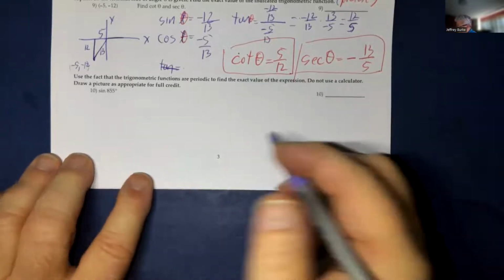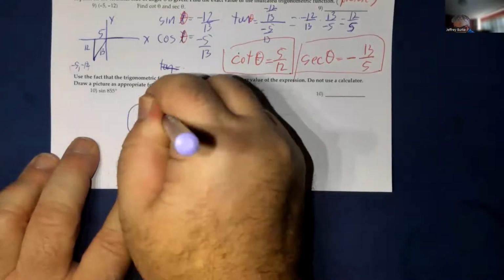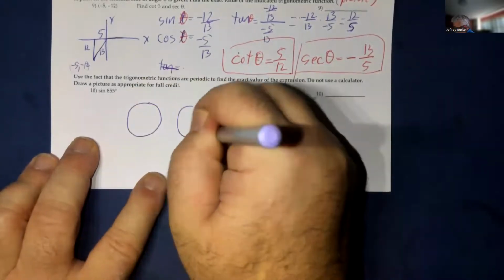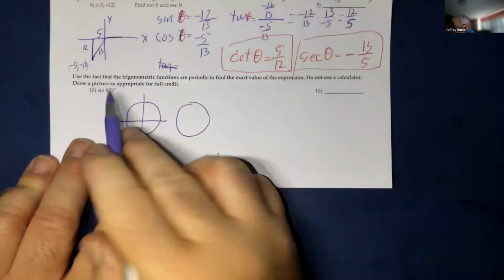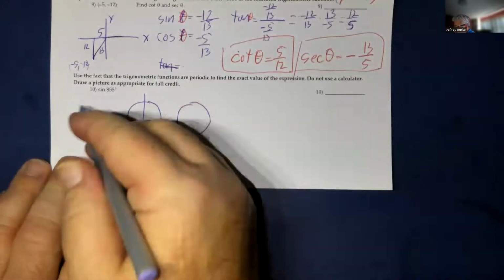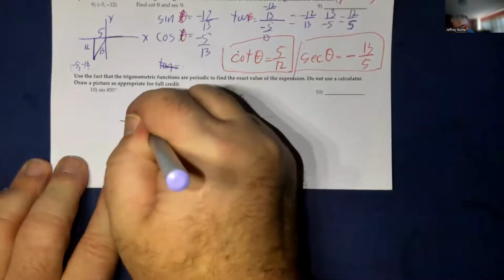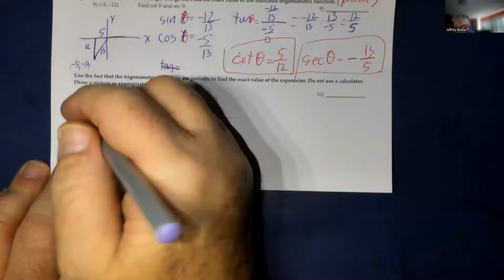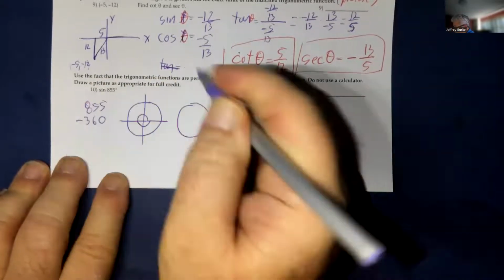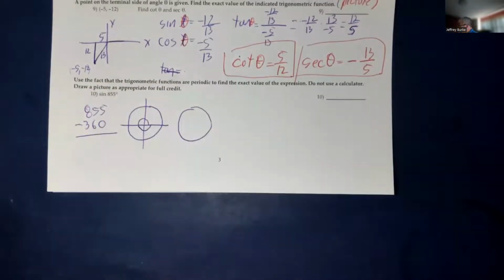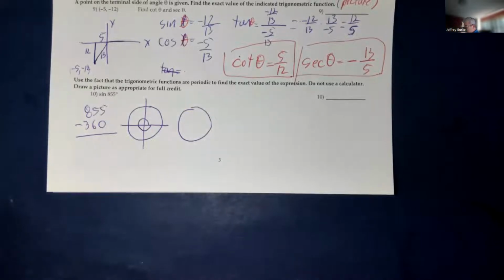So if I want the sine of 855, you recall that I started this new technique of using two circles in class. We're going to find this angle of 855. And we have a little calculations going on the side. So first we go around once. So this is going to be 855 minus 360.